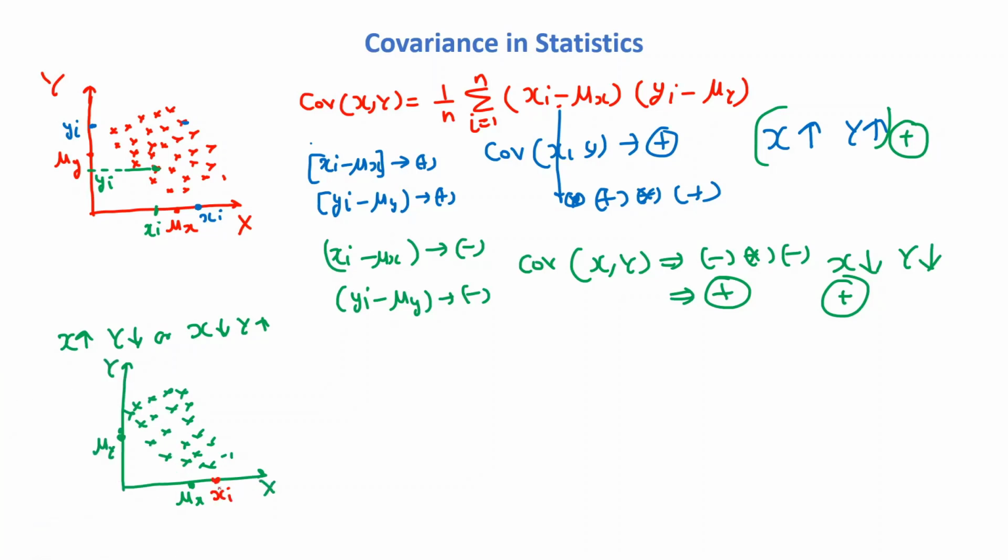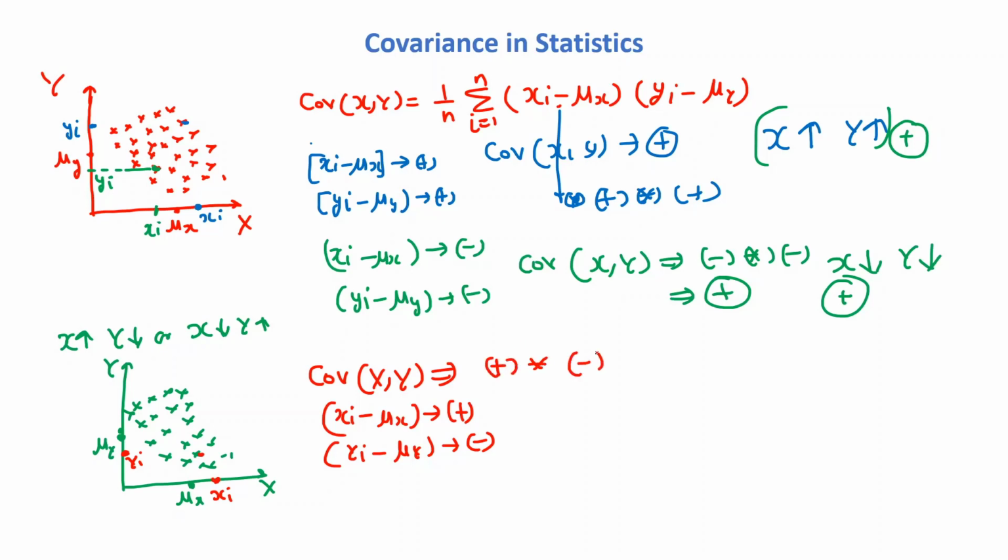If xi is greater than mu of x, then xi minus mu of x will be positive and yi minus mu of y will be negative. So positive multiplied by negative will be negative. So when x increases, y decreases, and this has a negative relationship.